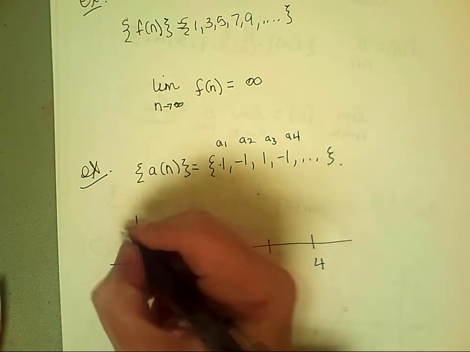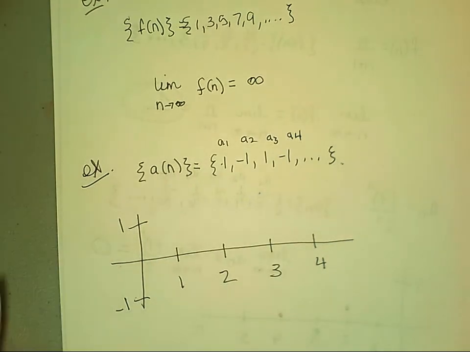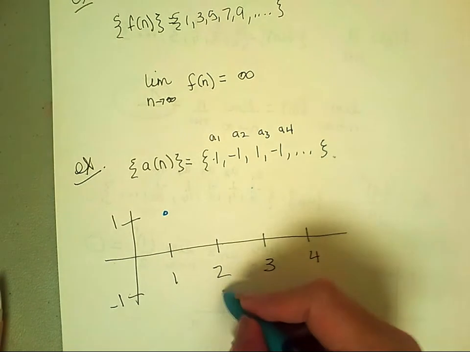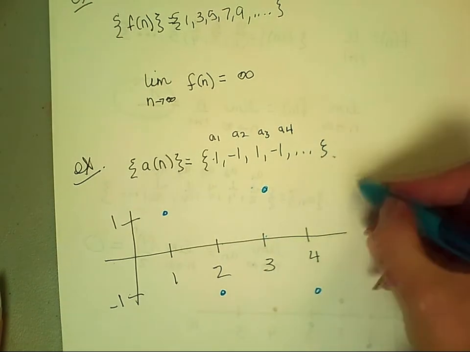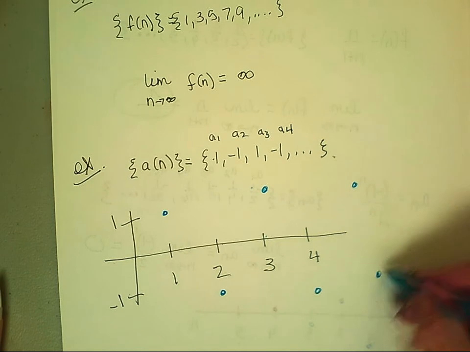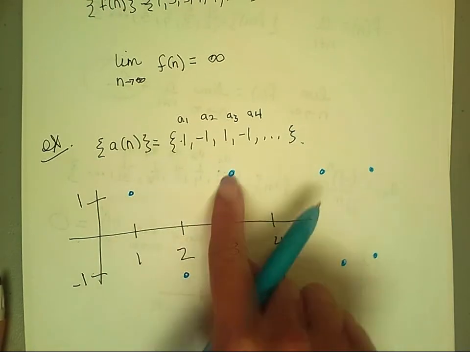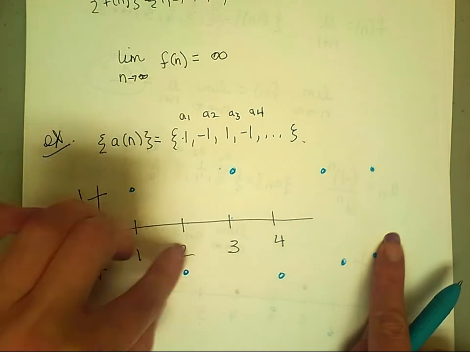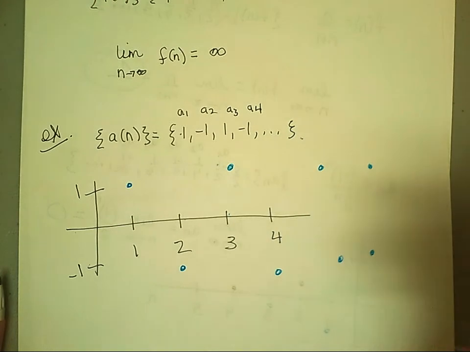1, 2, 3, 4. Here's 1, here's negative 1. Well, the first term is positive 1, the second term is negative 1. First term is positive 1, negative 1, etc. So what we see then is if we were to keep graphing this, as n goes to infinity, this graph does not actually approach a value, it stays here.